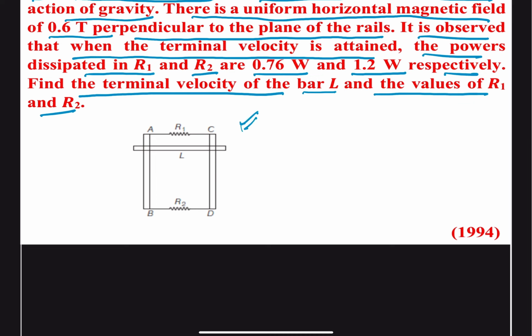So we are given a figure. There are two rails AB and CD connected with the help of resistances R1 and R2, and we have a sliding arm, which is called the bar L, sliding in the downward direction by the action of gravity, and at some instant this attains a terminal velocity.